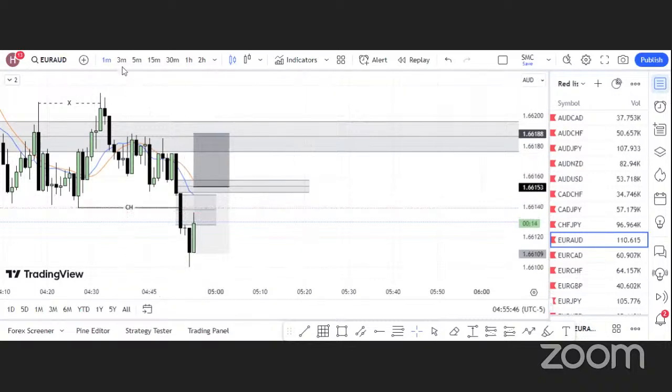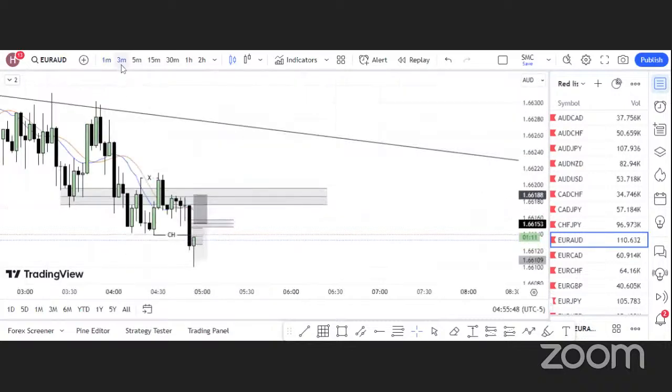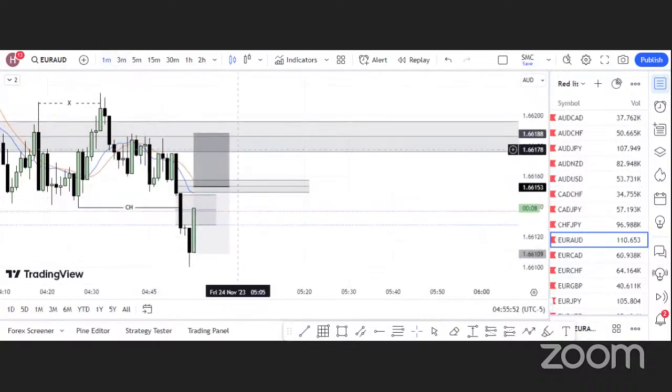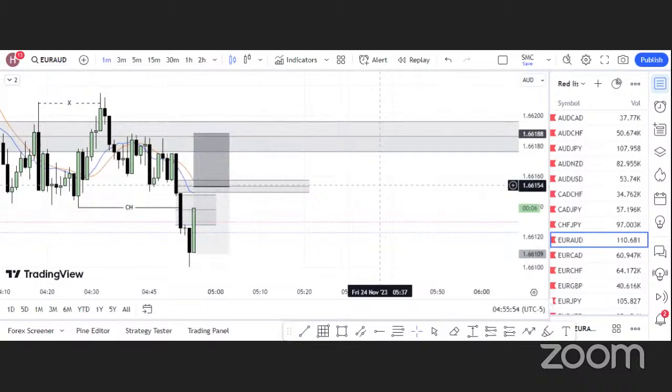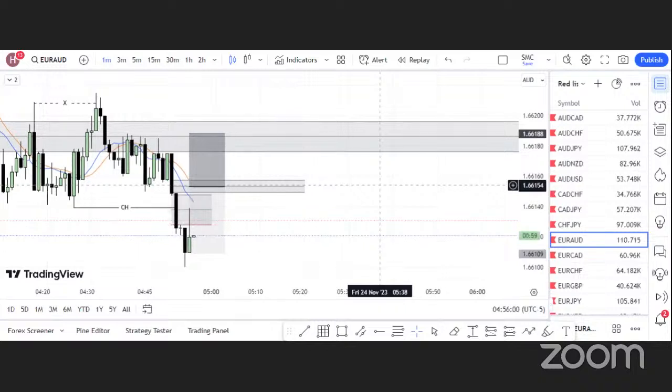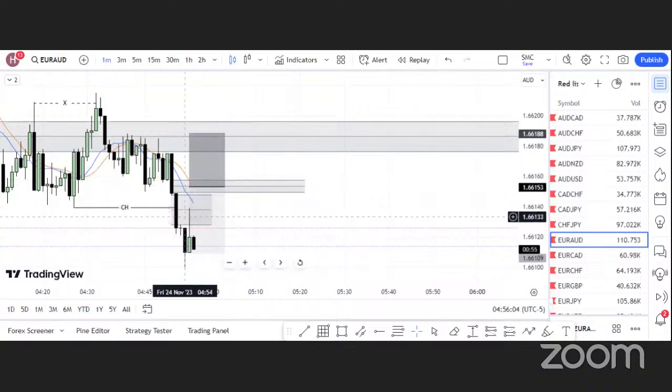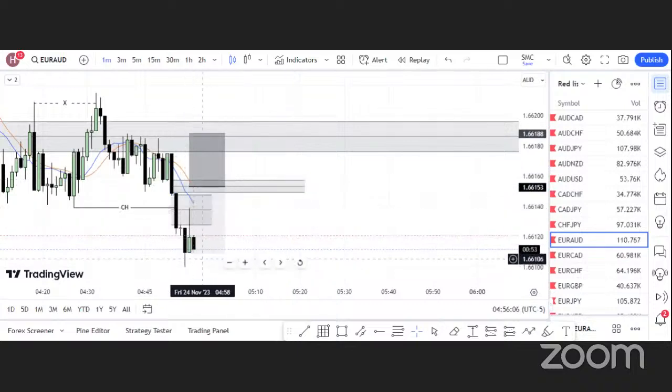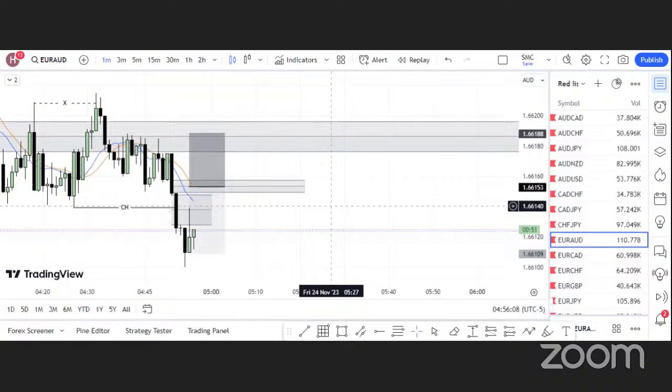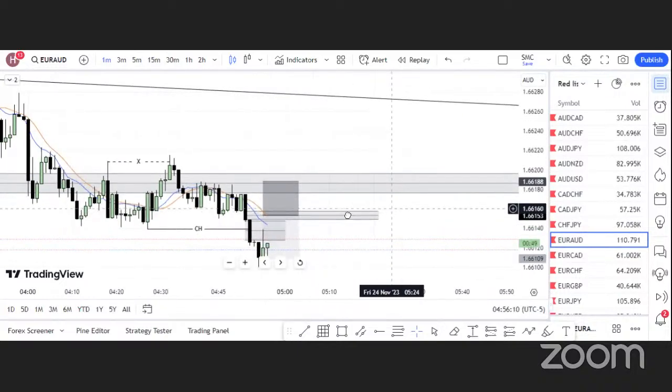So hopefully it goes back to the extreme. Okay, you see it came back into the 50%, and you see how the market is currently moving. But let's just wait a bit.